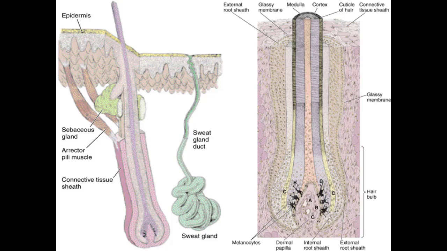The bulb is an expansion of the base portion of the hair root, which is invaginated by a capillary tuft, surrounded by the loose connective tissue of the dermis, and this is called the dermal papilla. So this is the bulb, and this is the dermal papilla, which is responsible for nutrition of the hair.